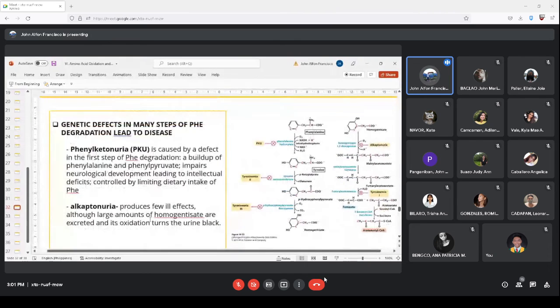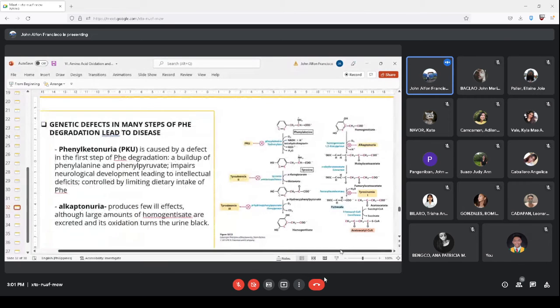So alkaptonuria produces few ill effects compared to phenylketonuria, although large amounts of homogentisate are excreted, and its oxidation turns the urine black. So yun ang nangyari sa kanya. Large content of homogentisate will make yung urine black.